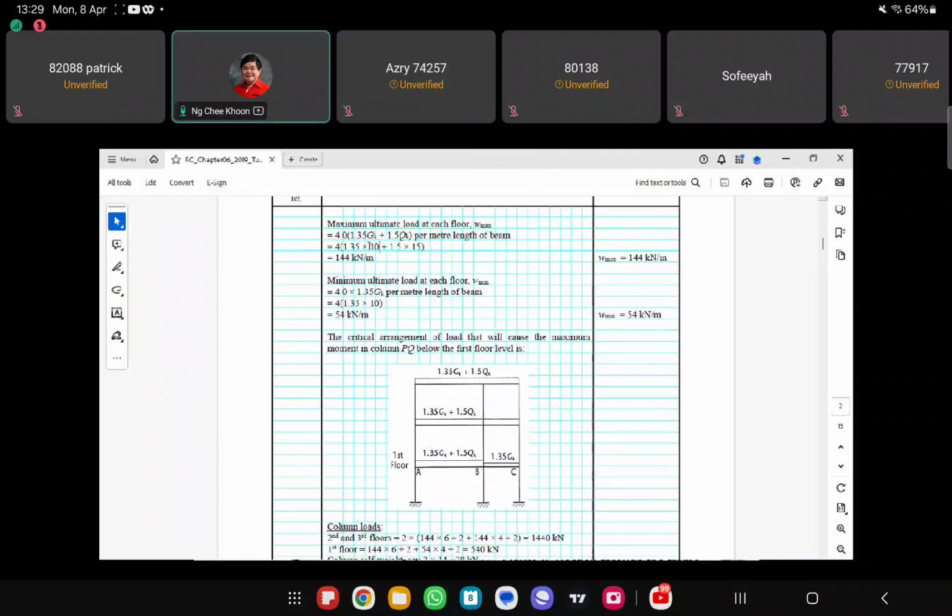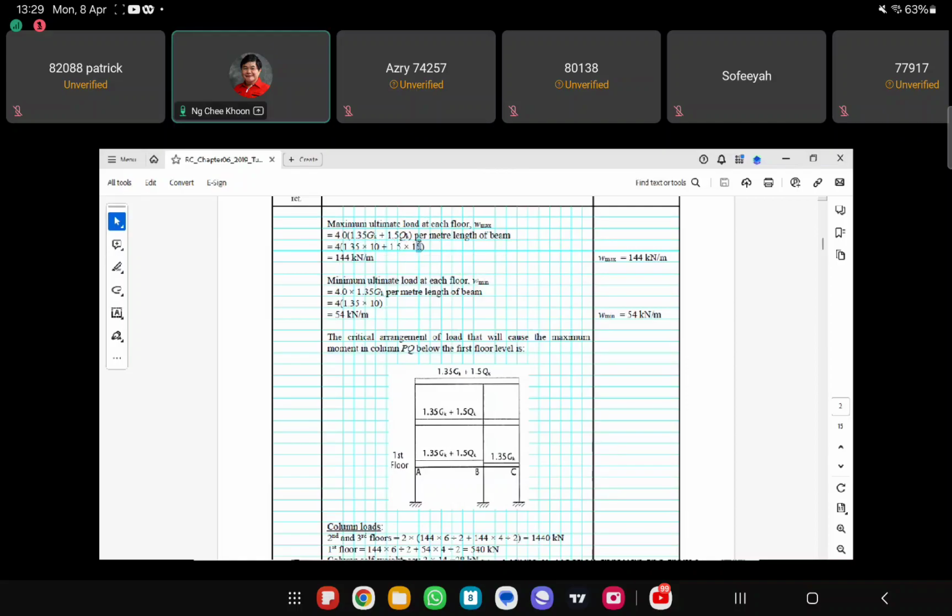Okay, so it is 4 by 10, but don't forget the partial safety factor of the load. So 4 times 10 times 1.35 will be the total dead load that is going to be transferred to the beam as load per meter length.